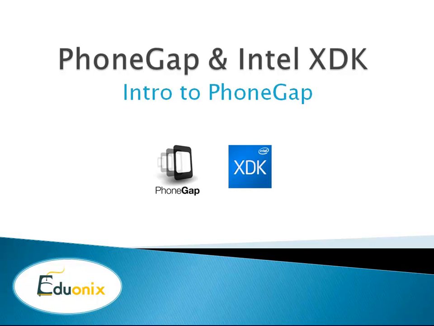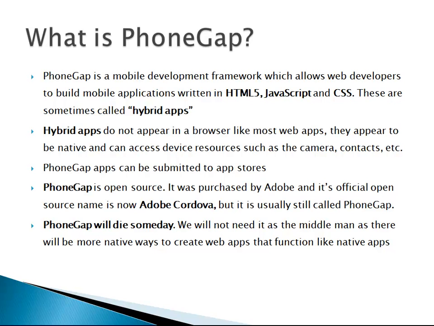Okay, so we've talked about mobile development in general, so now I want to get into PhoneGap, which is what this series is about. So what is PhoneGap? PhoneGap is a mobile web development framework that allows developers to build mobile applications that are written in HTML5, JavaScript, and CSS.